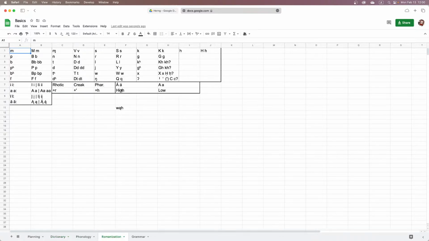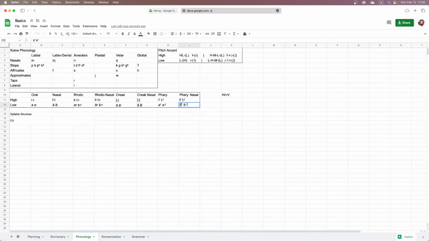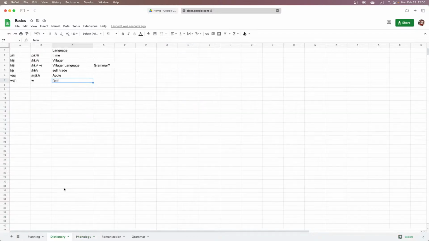It's also nasalized. So that'd be this one. And then it would be a low tone. Wah. Wah. I can never get the pharyngealized sound right. But that's what we have, so we'll make do.